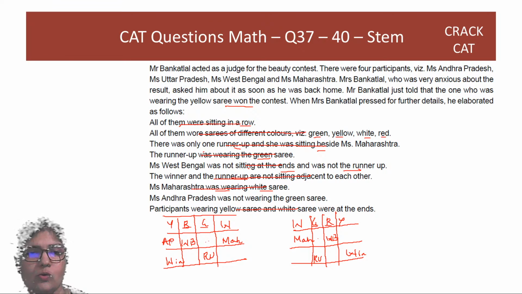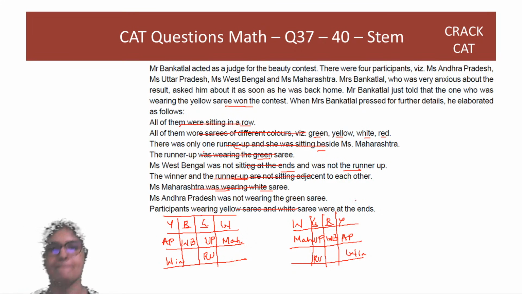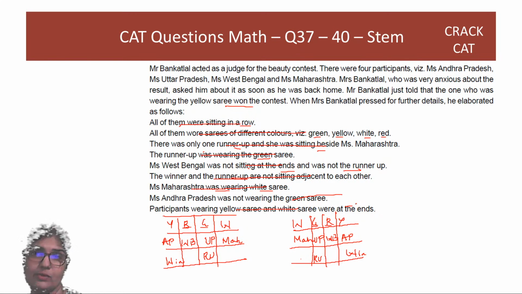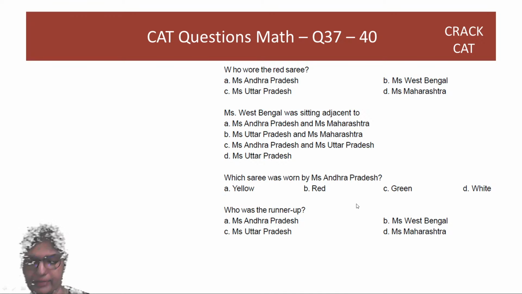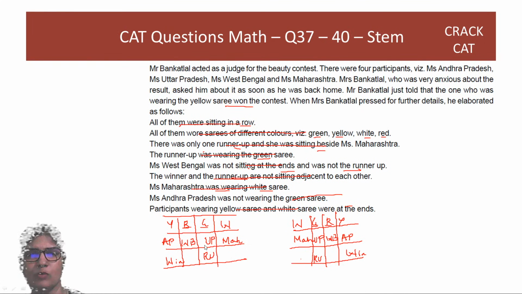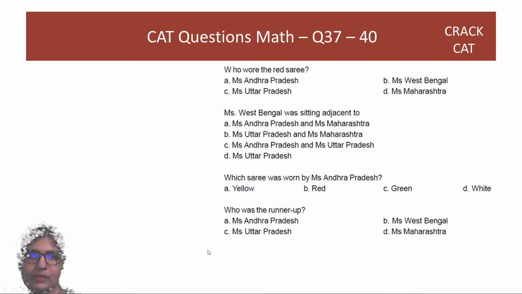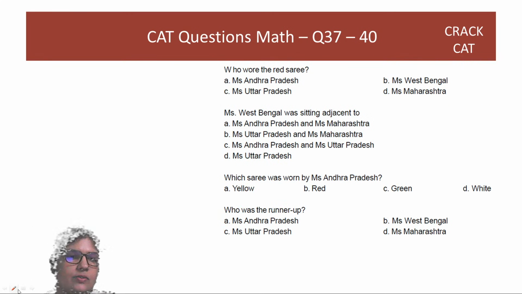Andhra must be yellow, and hence here you will have Uttar Pradesh wearing green. Again, same thing. Andhra is yellow, Uttar Pradesh wearing green. दो ही positions है वैसे भी winner runner up, so you don't need to fill anything else. You can now look at the questions. Who wore the red sari? So if you see, they are more or less very similar. West Bengal is wearing the red sari in both the cases. So answer here is West Bengal.